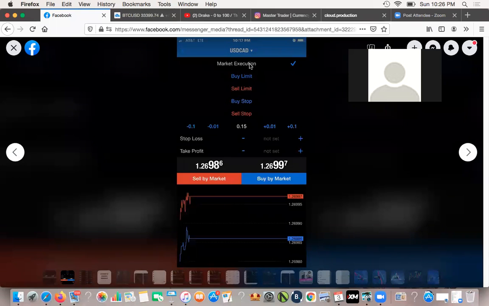You're gonna select market execution, or you're gonna select buy limit, sell limit, buy stop, sell stop, according to what the actual signal says. Then you select what lot size. Always mind your lot size because you don't want to over leverage your account. Lot size goes by leverage, so make sure you have a pretty good lot, but not enough to over leverage your account.